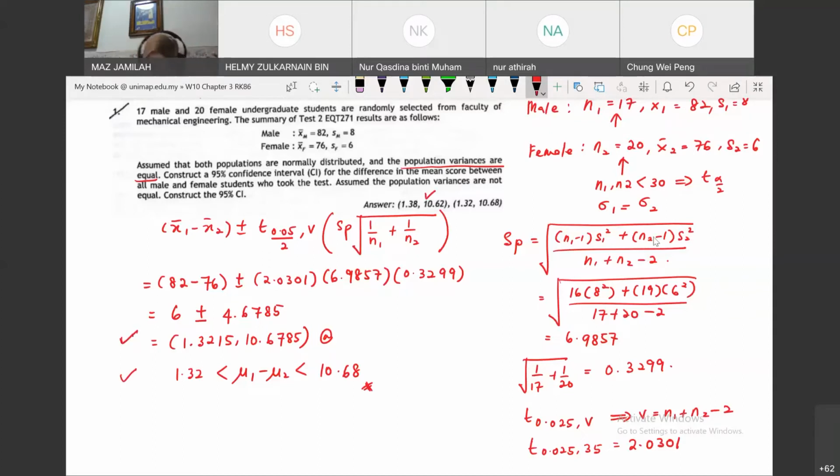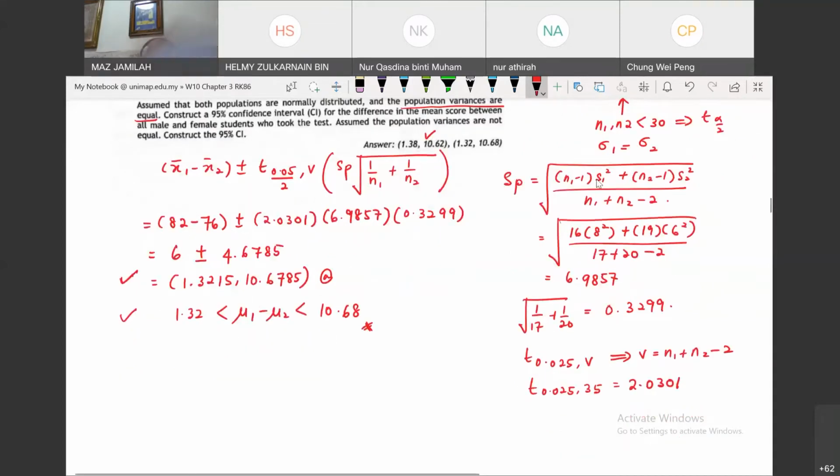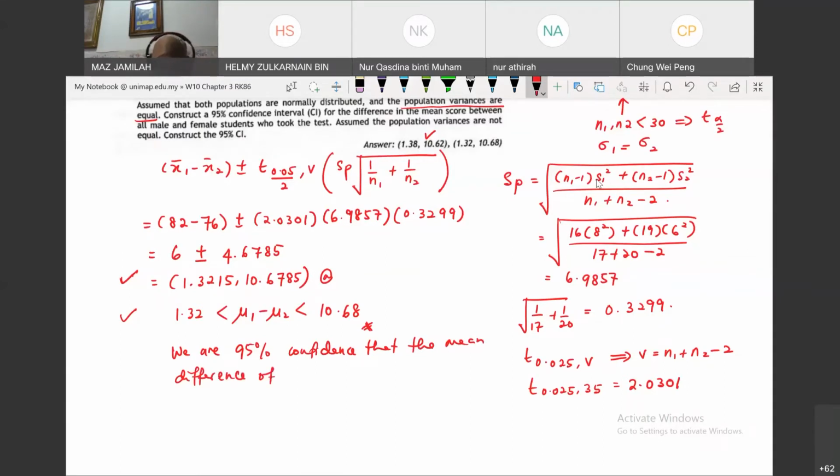So how do we conclude? We can conclude that we are 95% confident that the mean difference of scores between all male and female students is between 1.32 and 10.60.